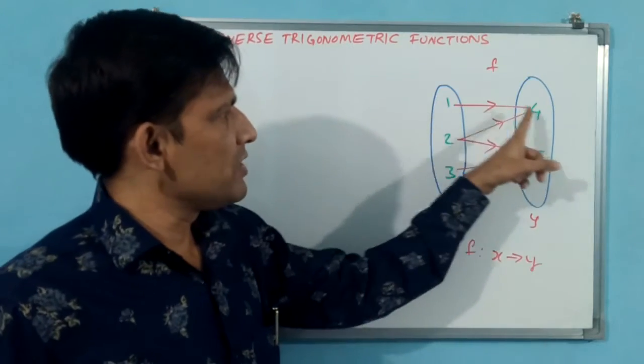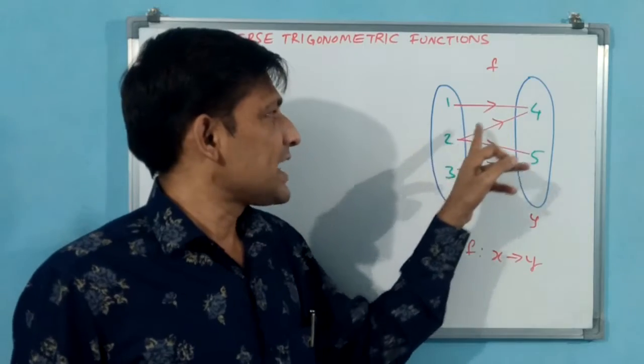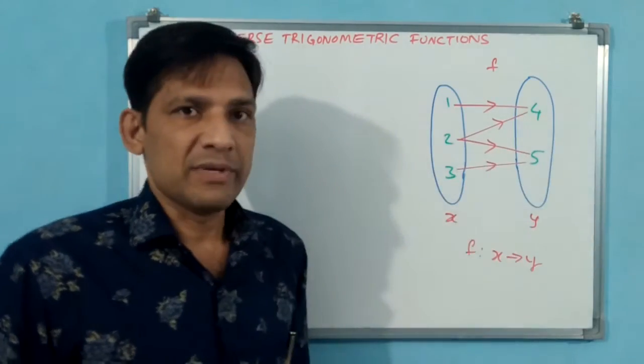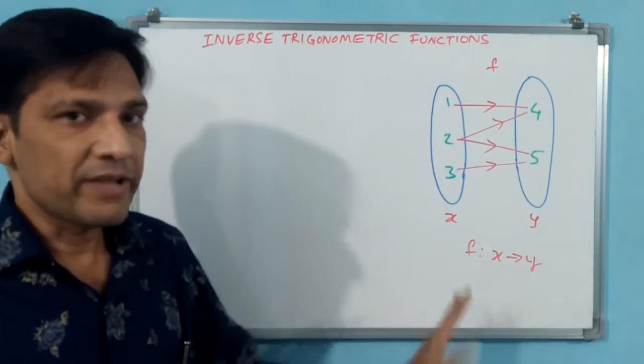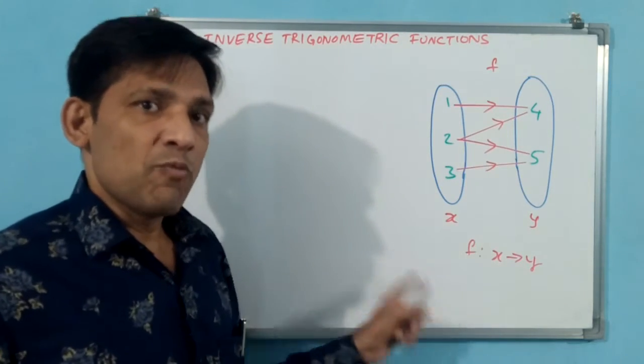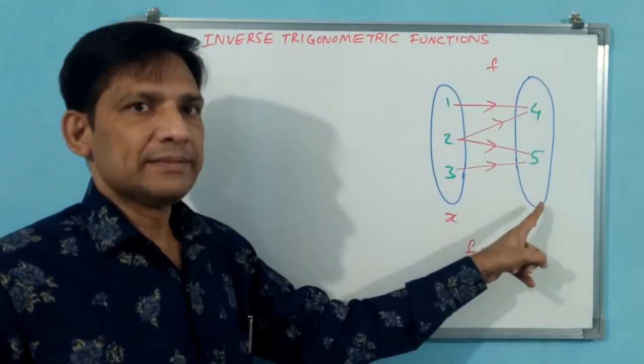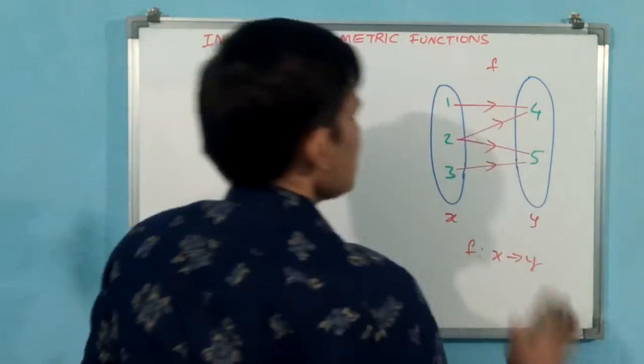See, for 1 only 4, for 3 only 5, but 2 has 4 as image and 5 as image. That is why this is not a function, but this is a relation. Each and every element in the domain must have only one image in the codomain. That is why this is not a function.